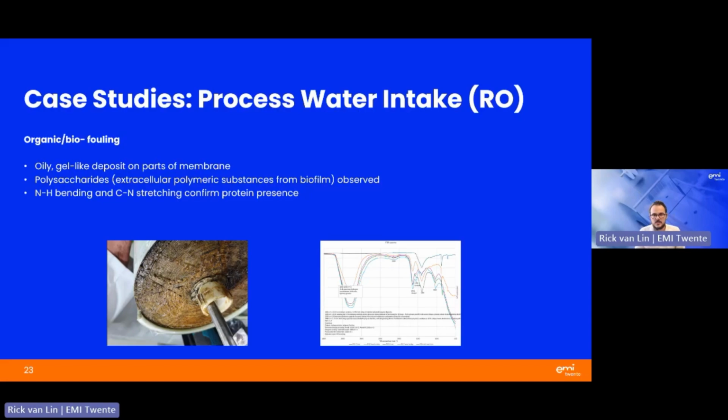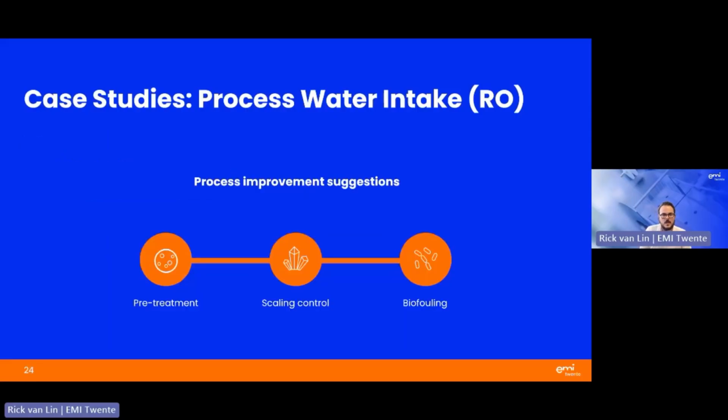So there was C=O stretching, which happens in proteins, together with some NH bending and CN stretching, both confirming protein presence, being a strong indicator for biofouling. So this was just a lot of biofouling and then EPS on the membrane.